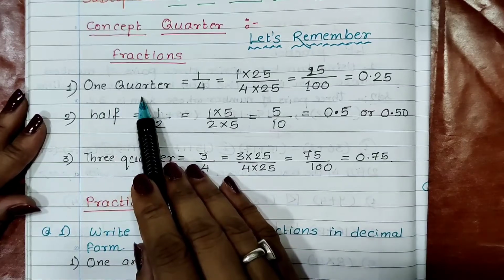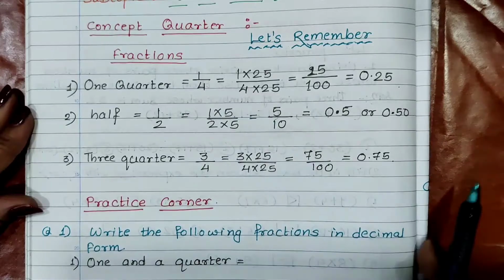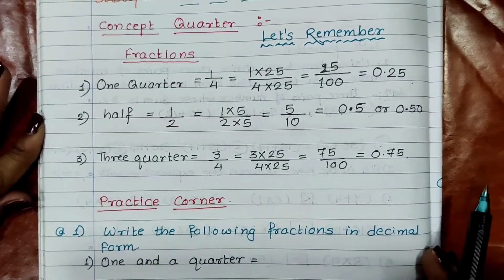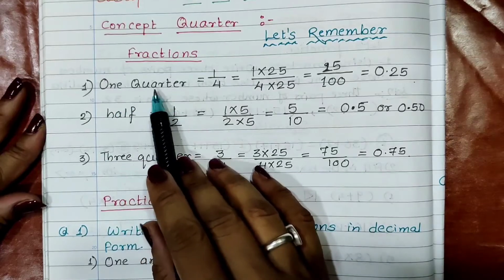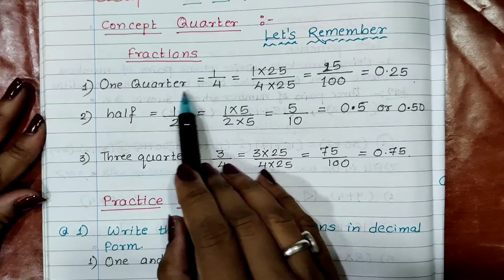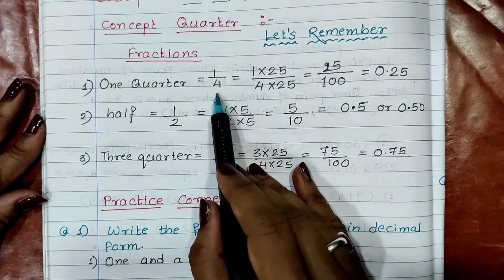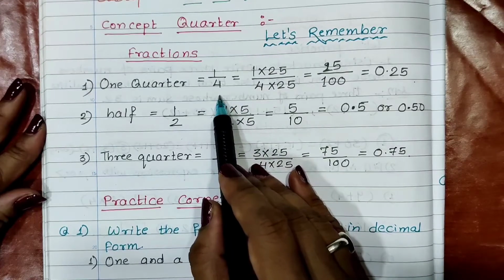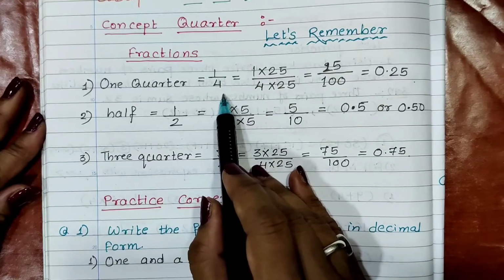The first fraction is 1/4. 1/4 means one-fourth. How to write it as a fraction? 1/4. And in words we say it as one-fourth. Now if we want to convert it into a decimal fraction, what do we have to do? We have to see whether we can get 100 or 10 in the denominator by multiplying this 4 by some number.